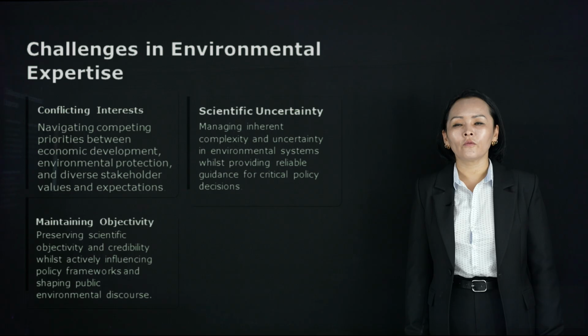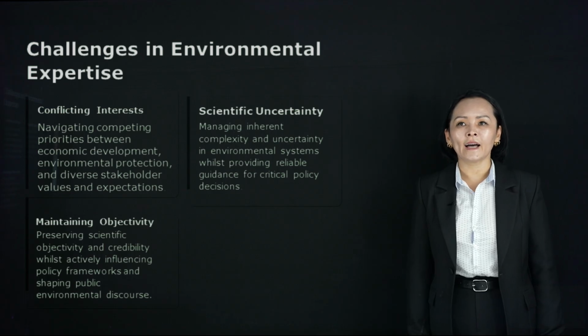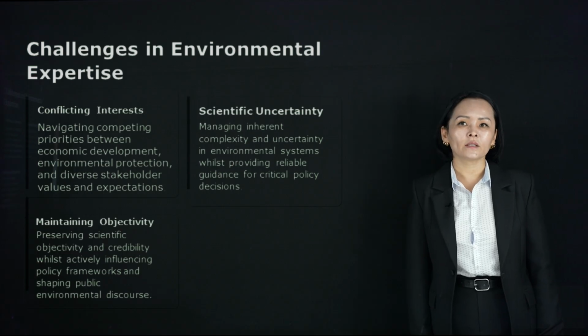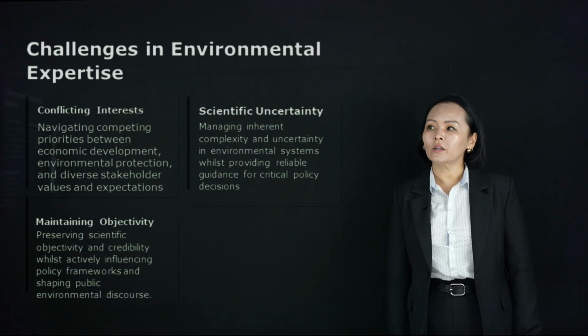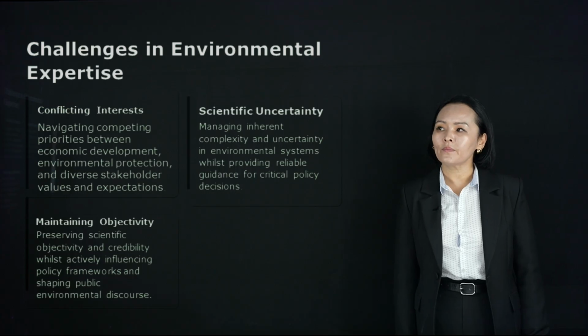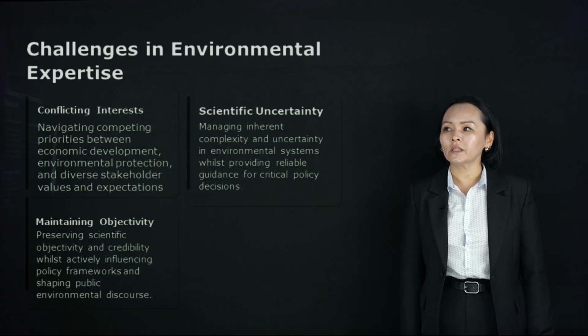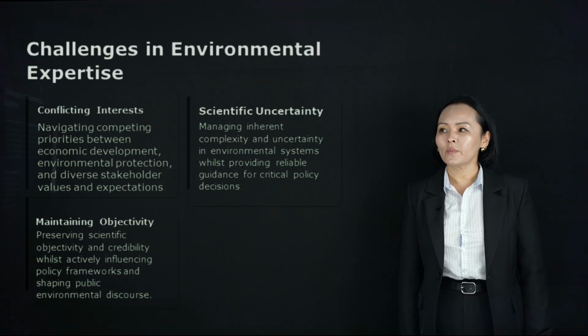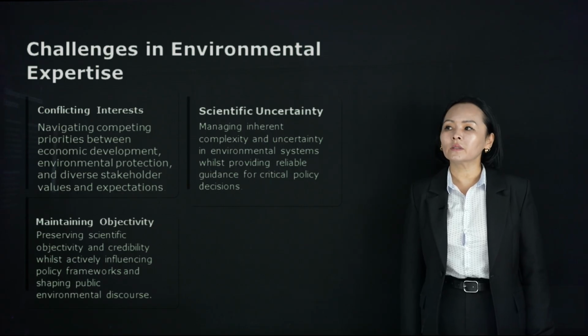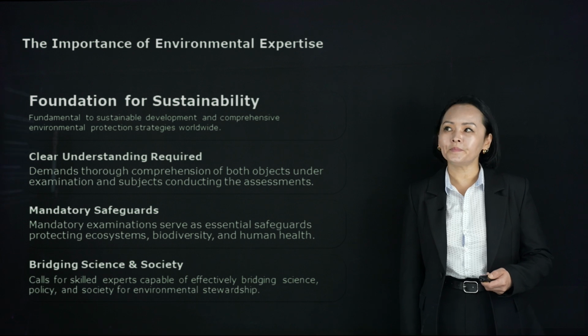For example, for water, land, and air systems, we provide reliable guidelines for critical policy decisions while maintaining objectivity, preserving scientific objectivity and credibility, while actively influencing policy frameworks and shaping public environmental discourse.